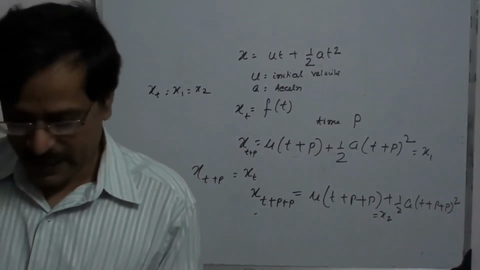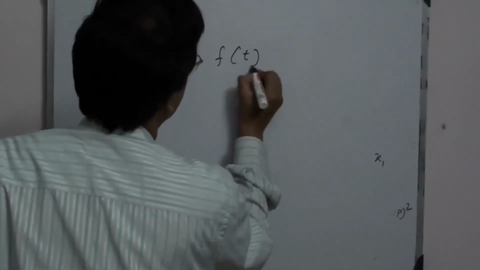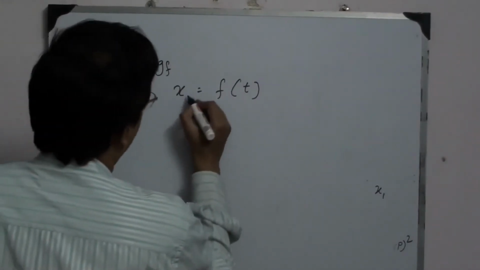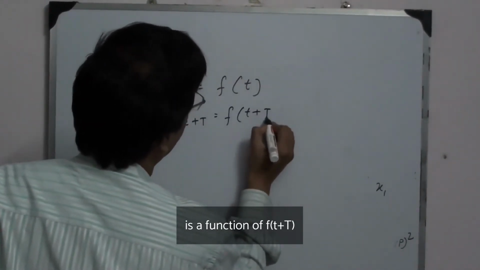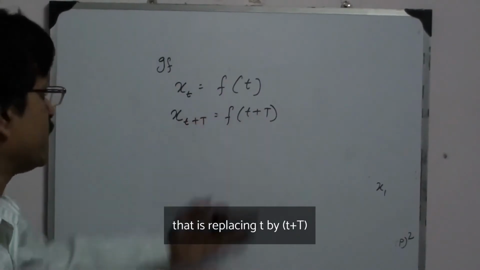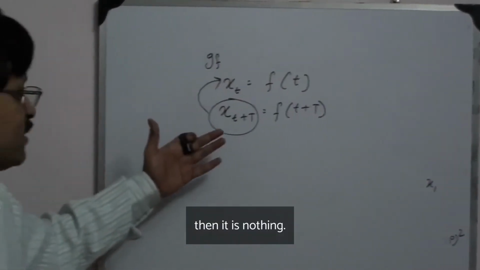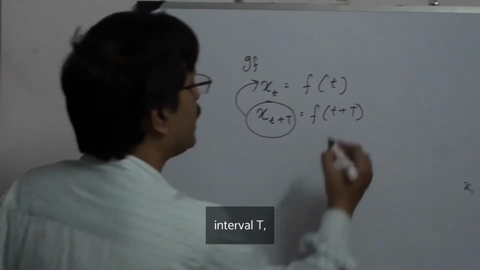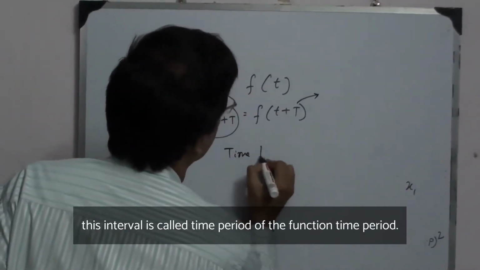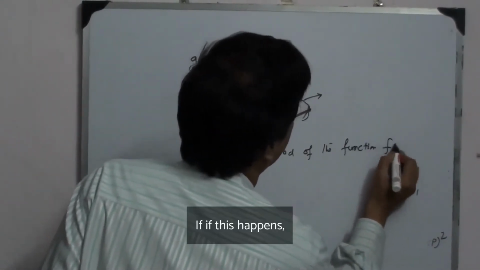The definition, a neat definition, is this. If x is a function of t, and f(t plus T), that is replacing the t by t plus T, becomes the same as f(t), then it is nothing but saying the simple thing that the displacement repeats itself after an interval T. This interval is called the time period of the function f(t).